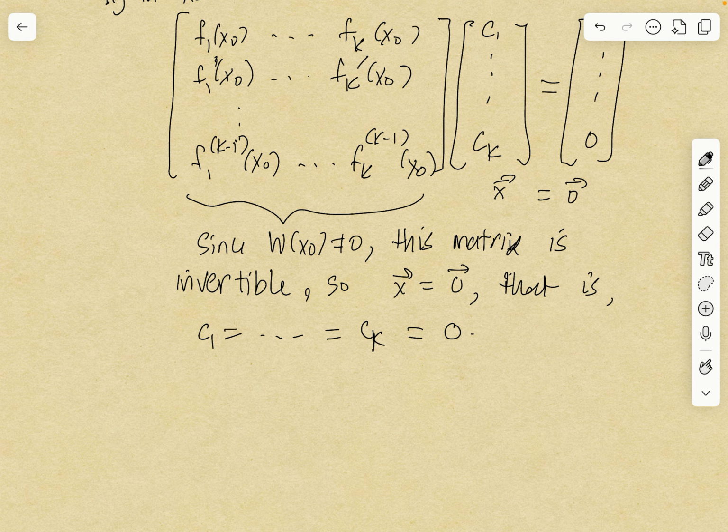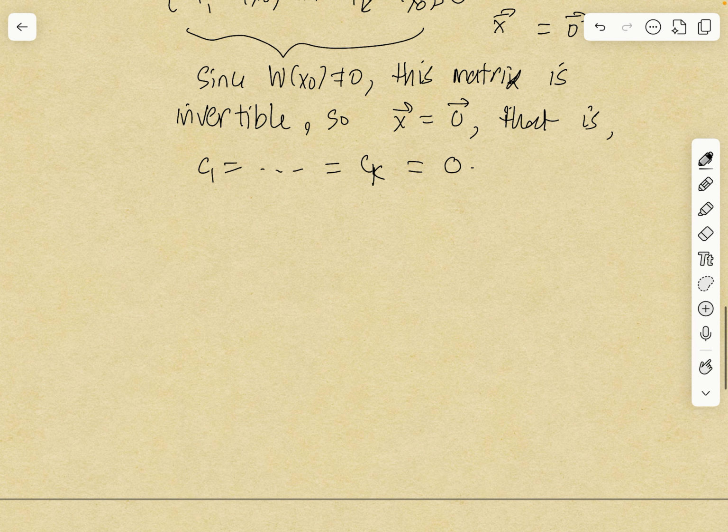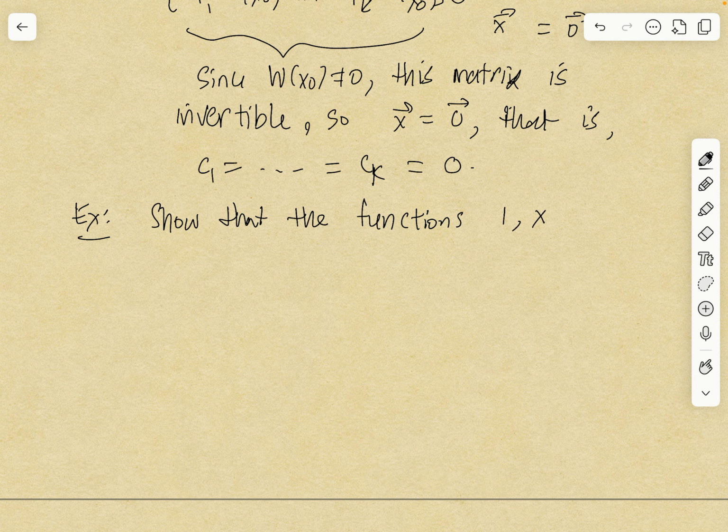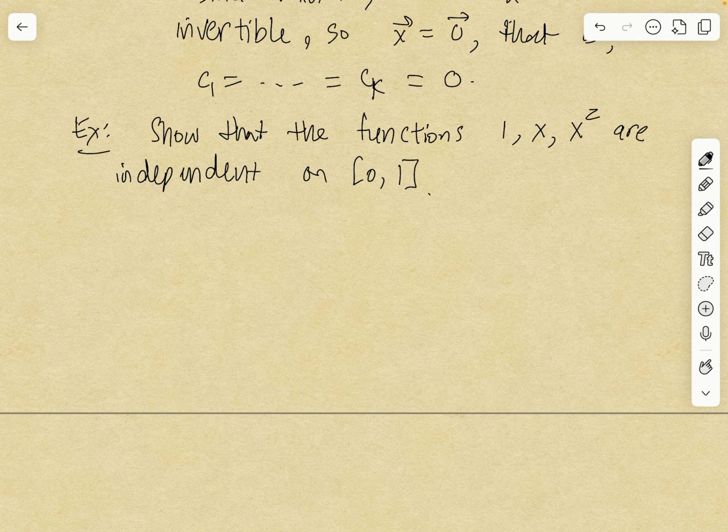Okay, so let's take a look at an example. Show that the functions 1, x, and x squared are independent on the interval from 0 to 1. Well, we can use the Wronskian, the determinant of this matrix.